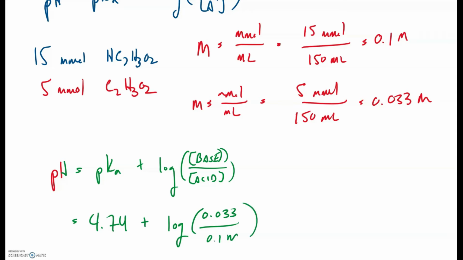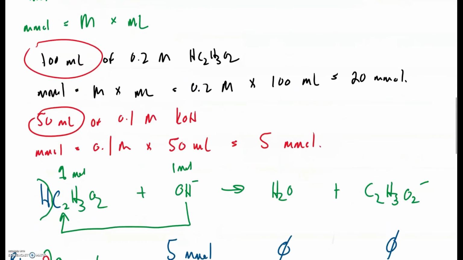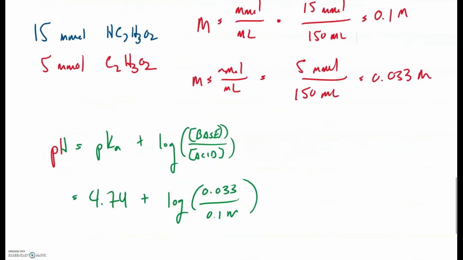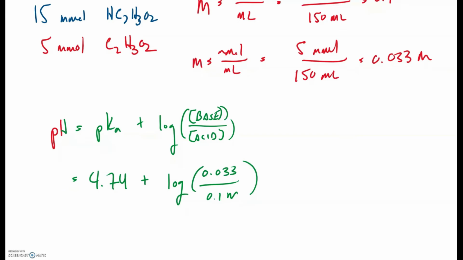Now let's remember that when we did this in step A, we got a pH of 2.72. We expect our pH to increase. What did we get? 4.74 plus log of 0.033 divided by 0.1, and I get 4.26.